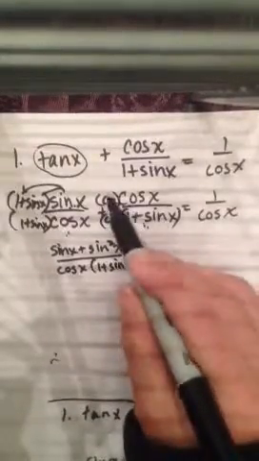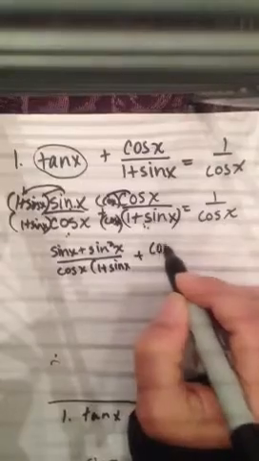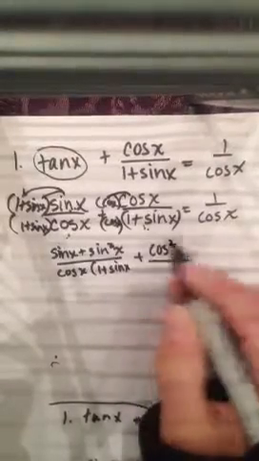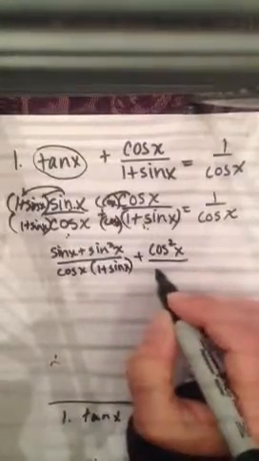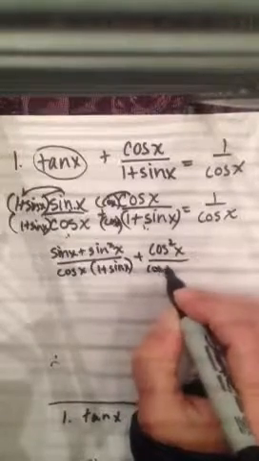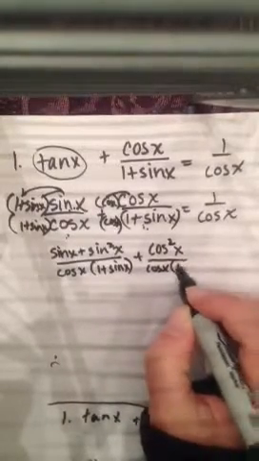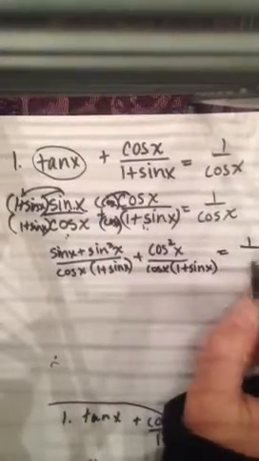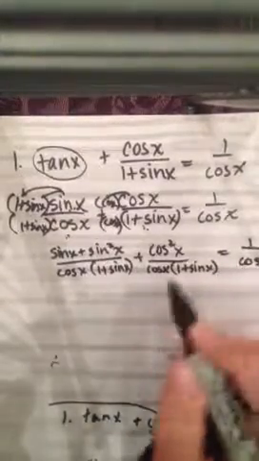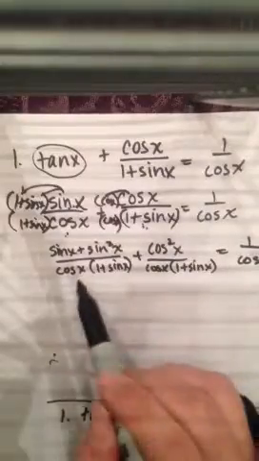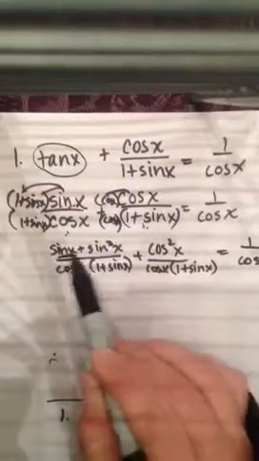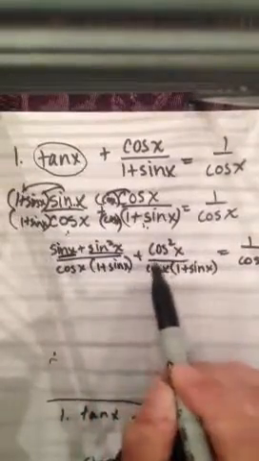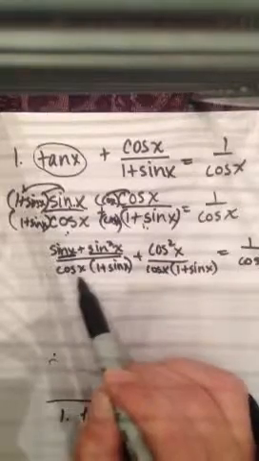Okay, and then when I multiply these two together, I get cosine squared x. And like I said, I'm going to go ahead and put the cosine first.